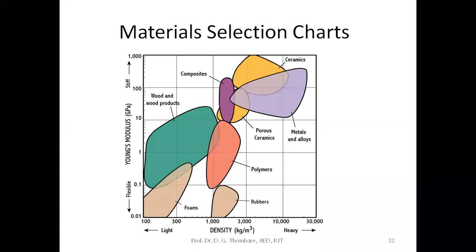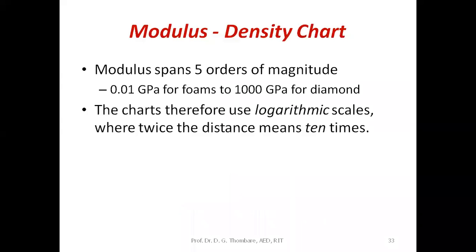And metals fall into the right top quadrant. They have very high stiffness, and at the same time they are very heavy. So this is how, depending upon requirement, you can select material. I hope you have understood this chart, which you can use for selecting the best material.